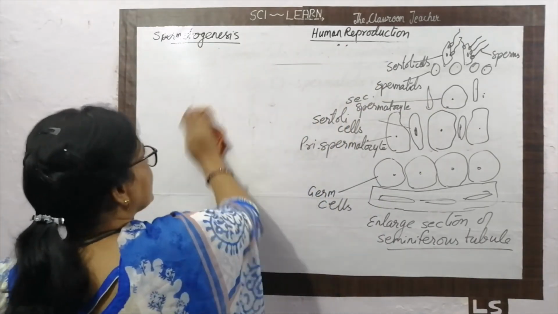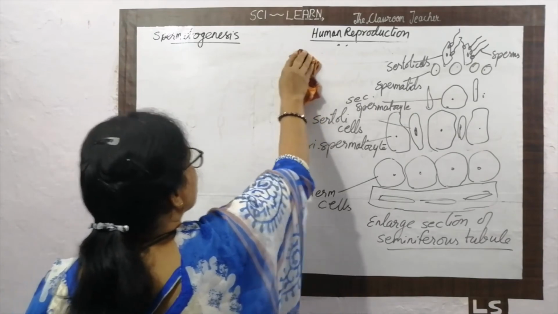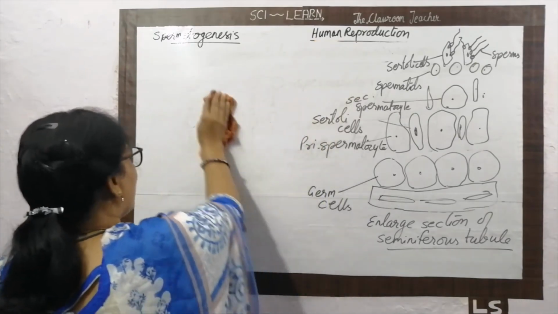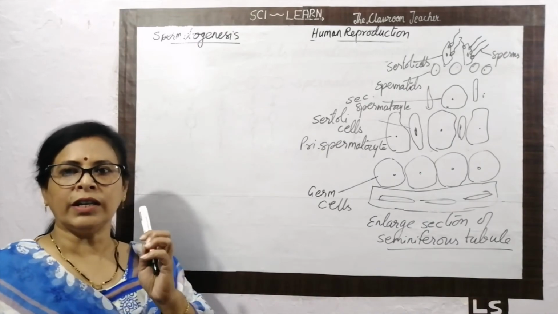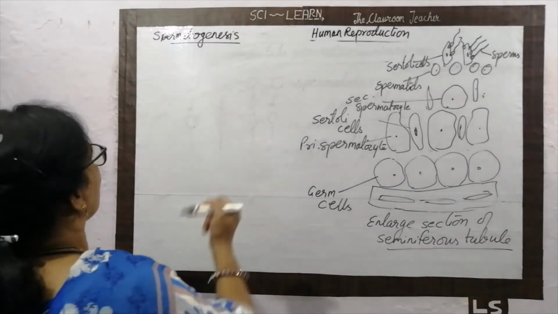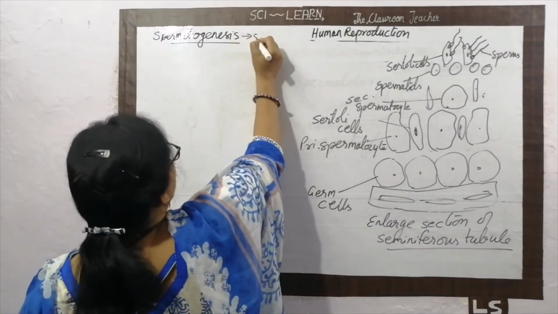The first process we have to study is spermatogenesis. You know what spermatogenesis is? It is the process of formation of sperm, and it reaches up to the formation of spermatids. In spermatogenesis, spermatids are formed.